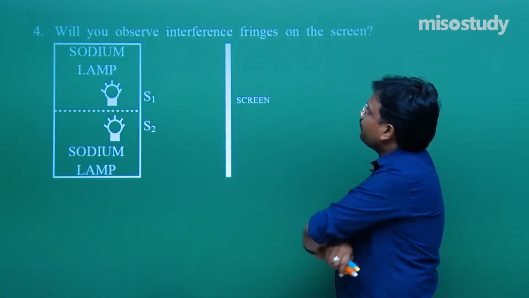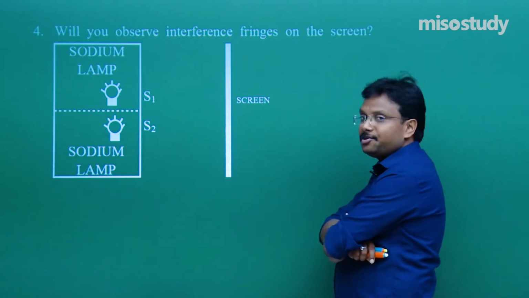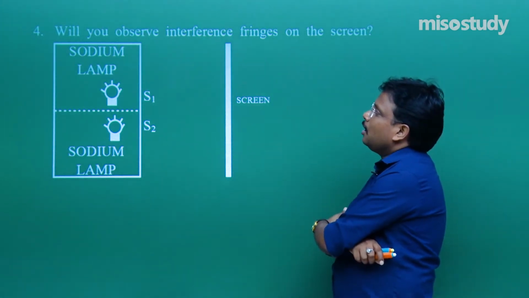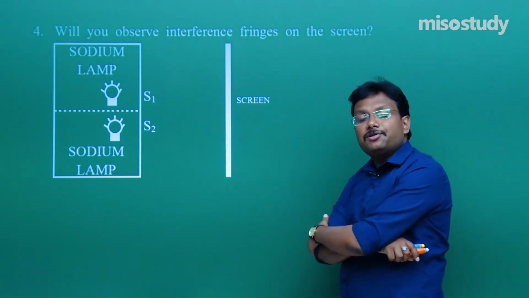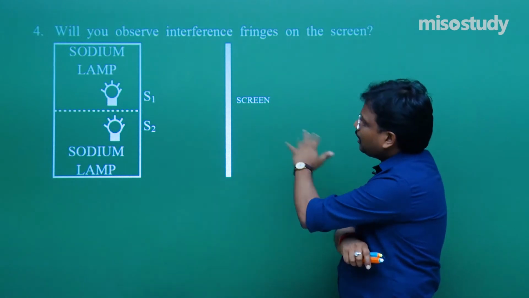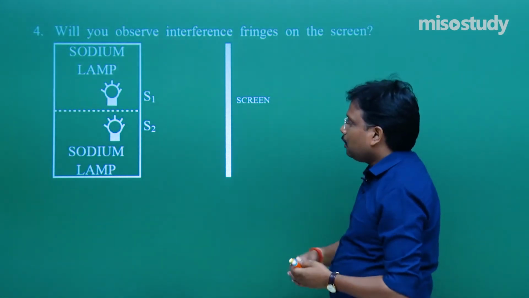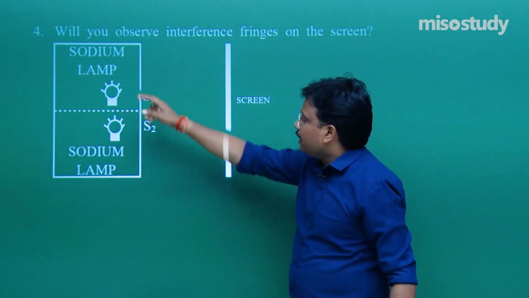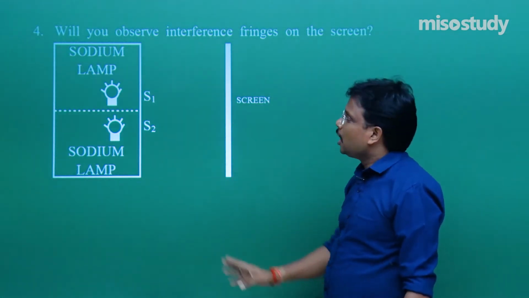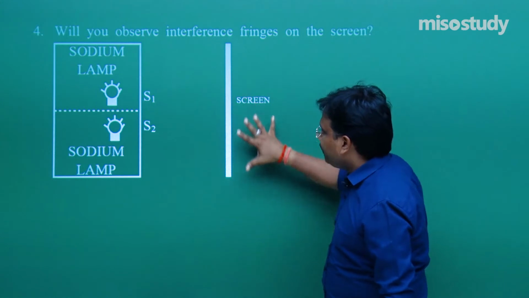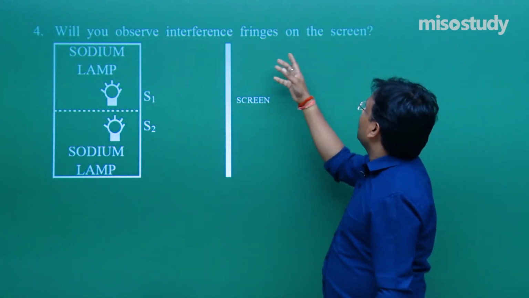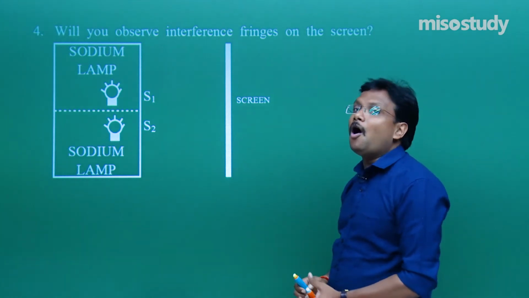Will you observe interference fringes on the screen? Now, rather than asking under what conditions you can achieve interference fringes on a screen, here a diagram is given. There are two sodium lamps S1 and S2, and this is the screen. The question is, with this setup, is it possible for you to achieve interference fringes on your screen?